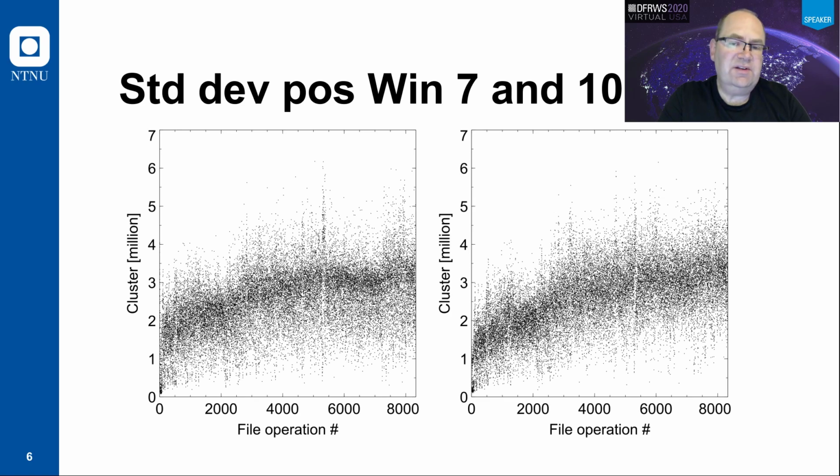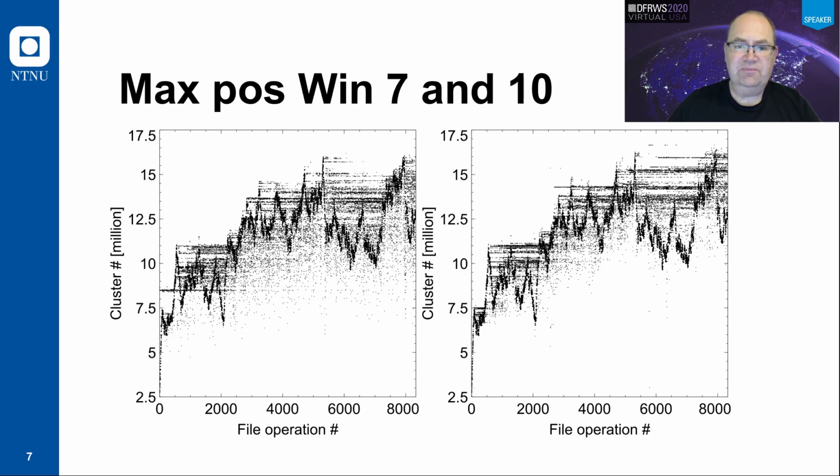All of the standard deviations are rather high because they are placed at 2-3 million clusters in a total area of 16 million. So there are differences in the behavior of the allocation algorithms for Windows 7 and 10.